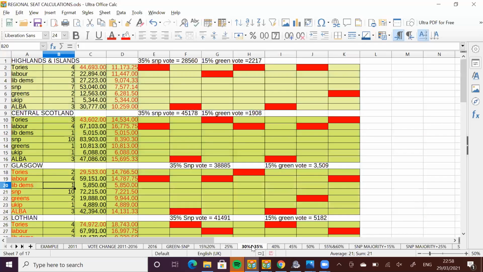And then if we go to 30%, sorry, I should have mentioned 30 and 35%, it was the same results, same with 15 and 20 and 55 and 60. Go down the regions.